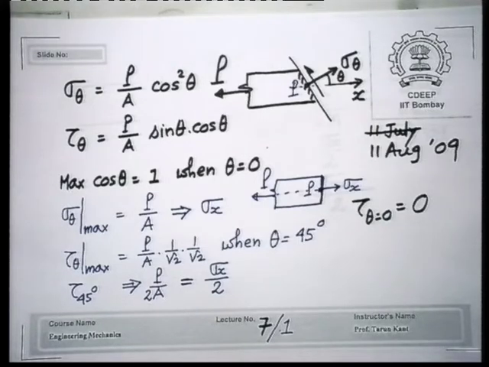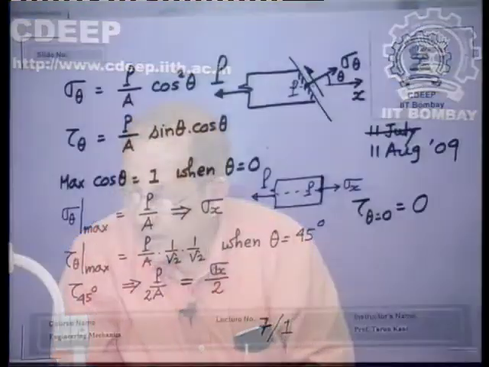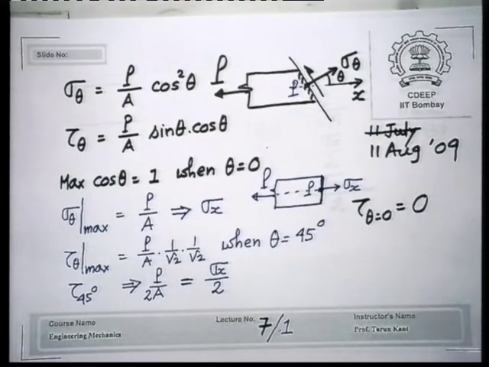The point is same, we are still computing the stress at the same point, only on different planes. On different planes these two values go on changing, and maximum normal stress occurs when theta equal to 0, and on that plane shear stress is 0.